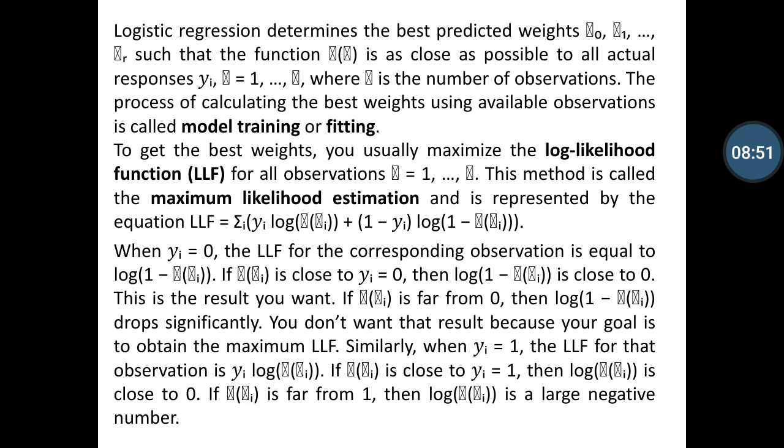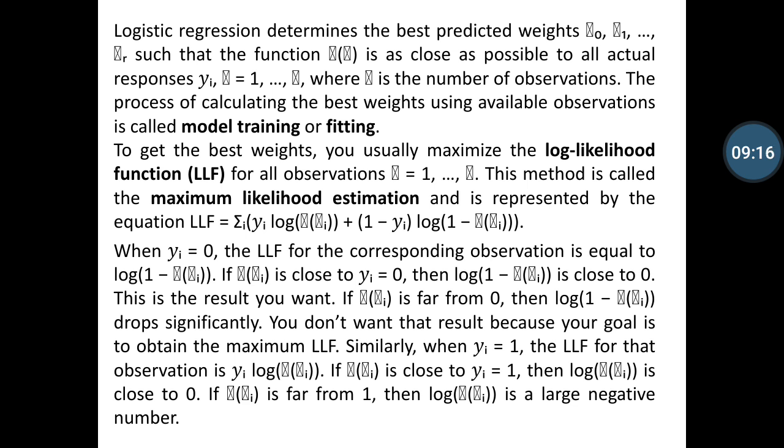The process of calculating the best weights using available observations is called model training or fitting. To get the best weights, you usually maximize the log-likelihood function, LLF, for all observations i equal to 1 up to n.